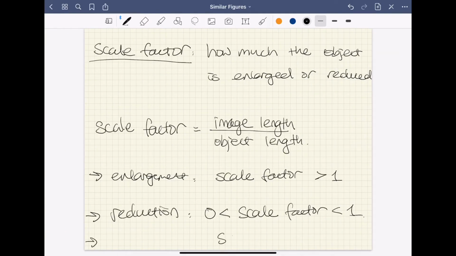If the scale factor is equal to 1, then what would you have? The object and the image are the same. There's no enlargement or reduction. You have exactly the same thing.